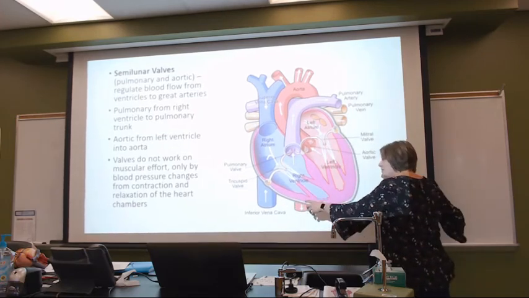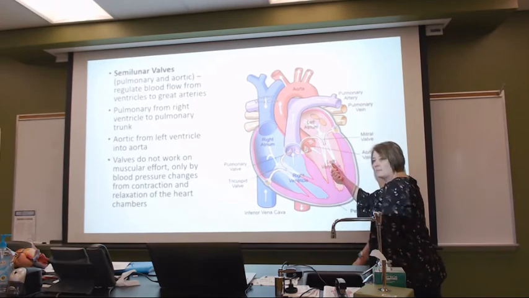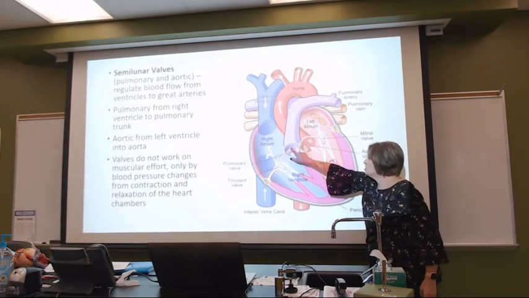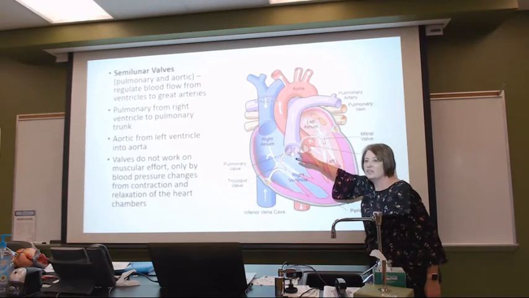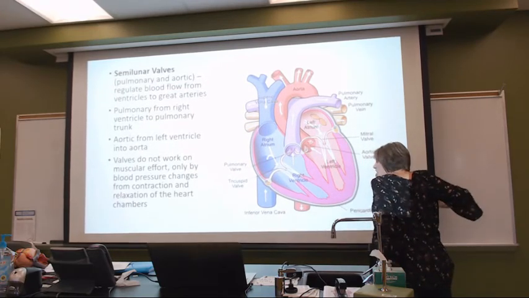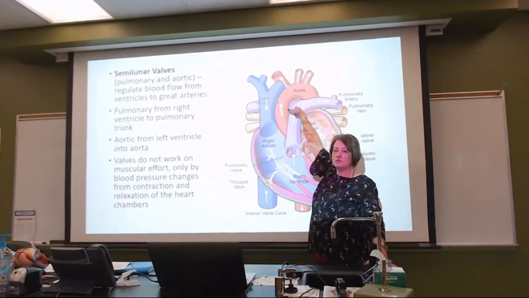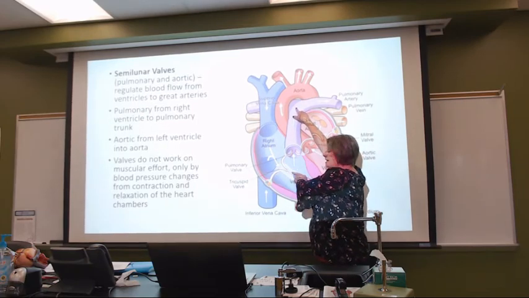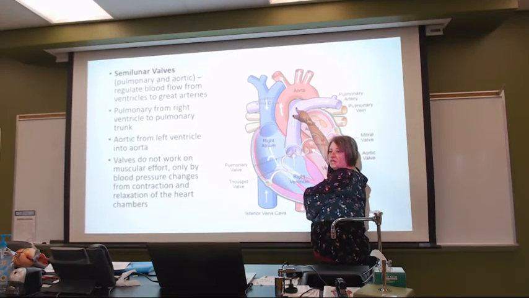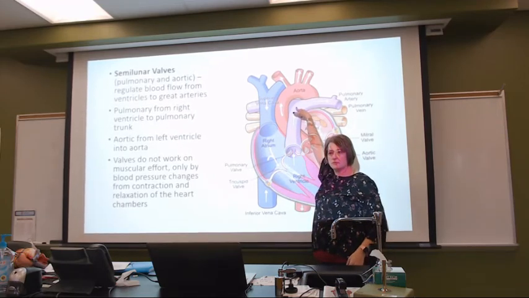So when that heart beats, guess what? What's going to happen to my pulmonary semilunars? They're going to open, and when that heart beats, the right atrium closes off, and blood moves in. This opens back up because the pressure decreased. Blood went in this direction.